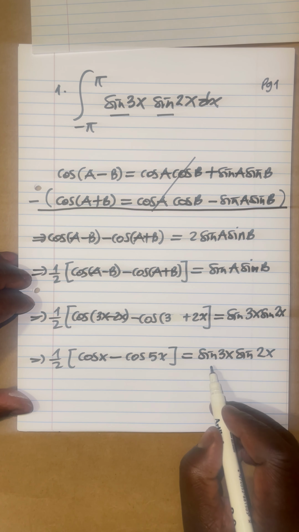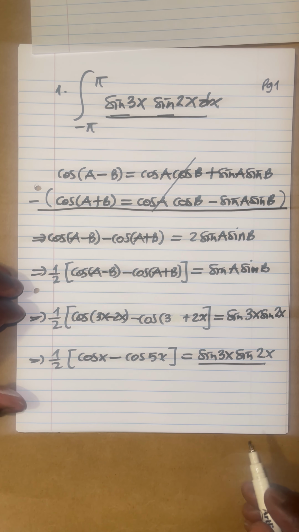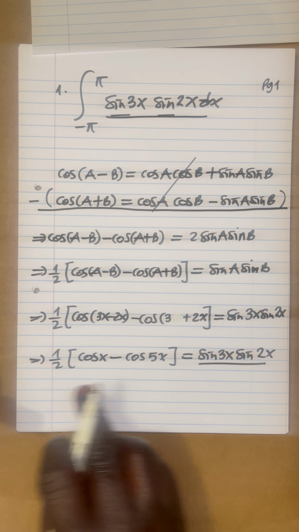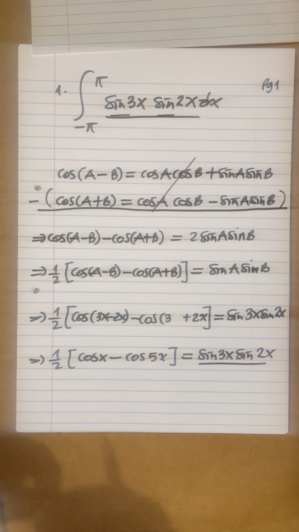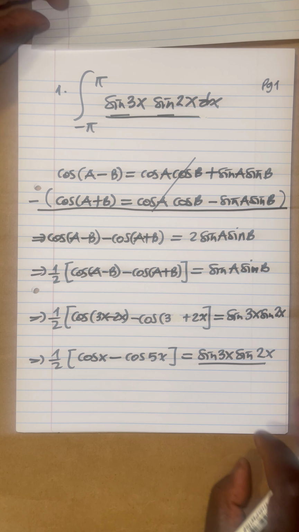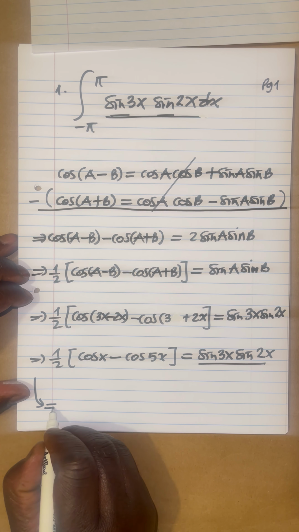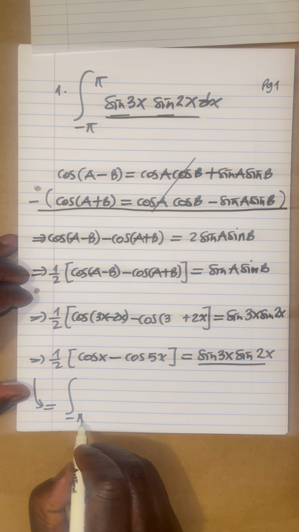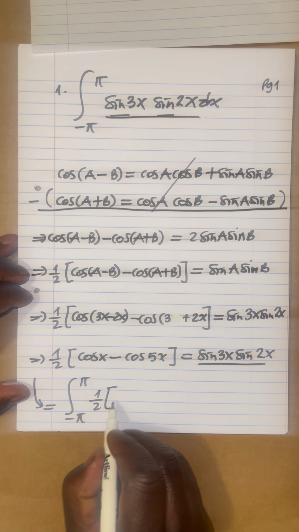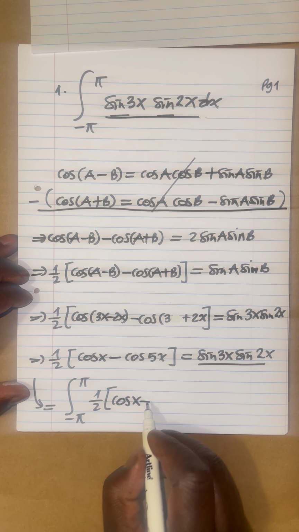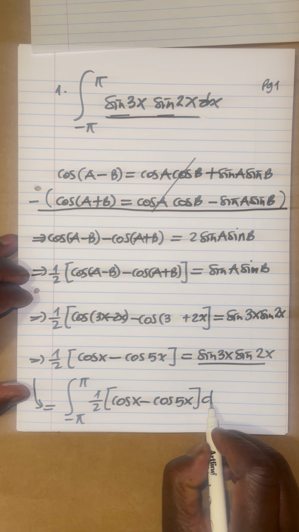Fantastic. Now this expression is that one there. I must have it replaced by this term on the left-hand side, then I can perform the integration very easily. So we'll say that integral then changes to the integral from minus pi to pi of 1 over 2, open brackets, cosine of x minus cosine of 5x, dx.